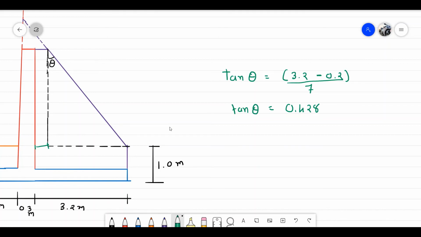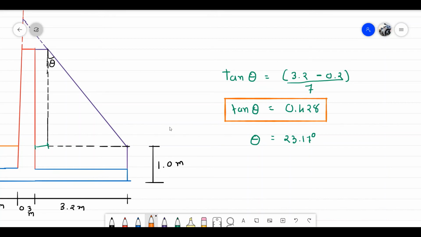So in the further way I found that theta here is 23.17 degree, right? We require this only. Tan theta is equal to 0.428.